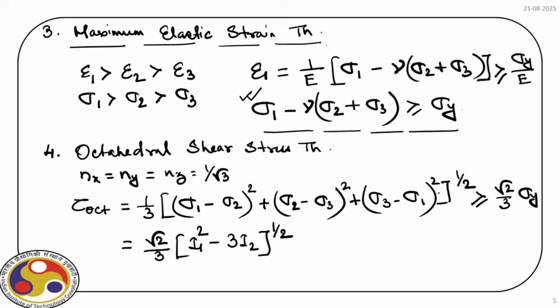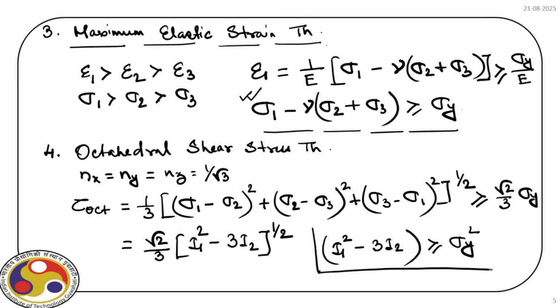Now, the condition that we effectively get is I1 square minus 3I2 is greater than or equal to sigma y square. So that's the condition for octahedral shear stress theory.